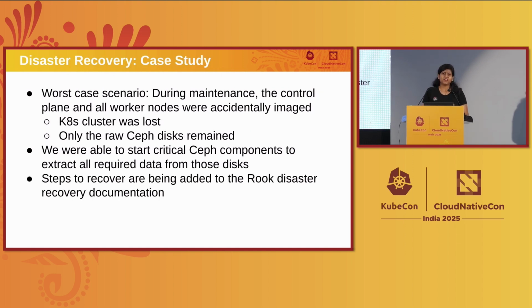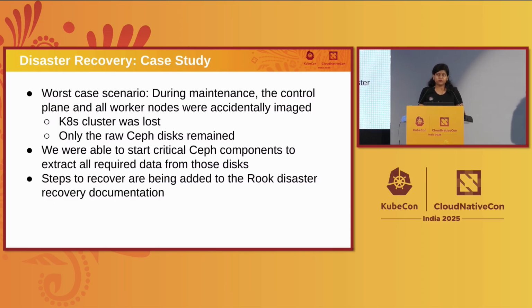So now the second case, what if something goes really off? In that case, we had a customer who, during maintenance, shut down the node. After the node came up, they found out that they had accidentally imaged the node. So all their Kubernetes workers, control planes, everything was lost. No Kubernetes cluster existed. But luckily, how Ceph works is it stores the data into Ceph disks, and there is some metadata that you can retrieve.